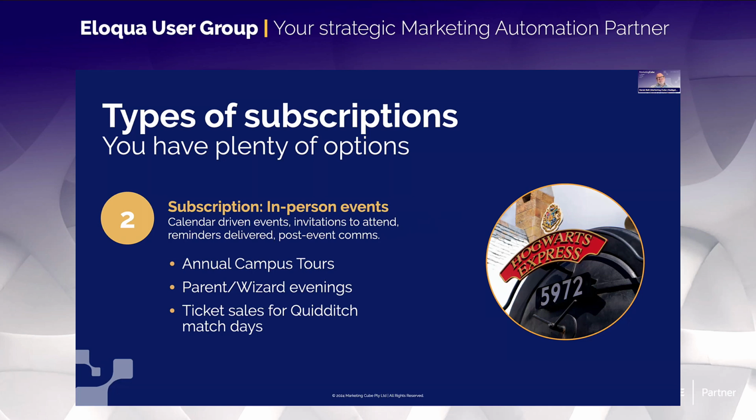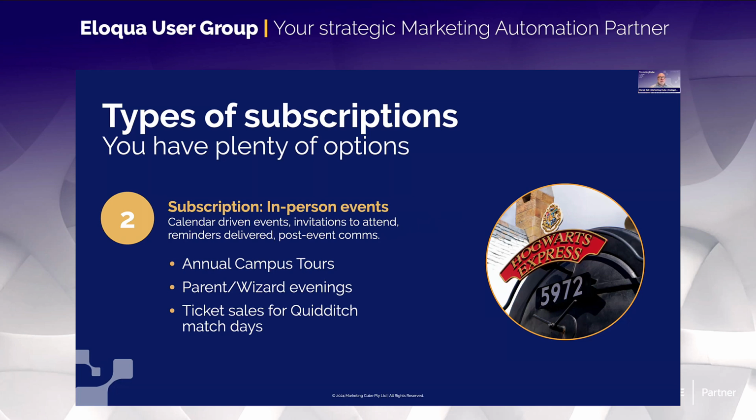But from a structural point of view, the person has opted in to Hogwarts as a university. They've opted into the brand and they've opted into marketing communications. All we're doing with email groups is giving them the ability to be a little bit more specific and tell you what they're interested in. It's not there to exclude everybody else from those types of communications.